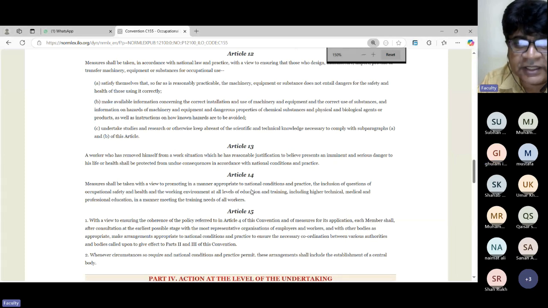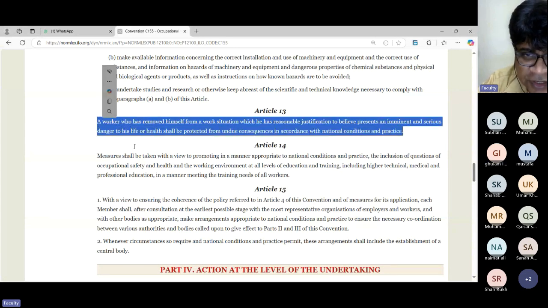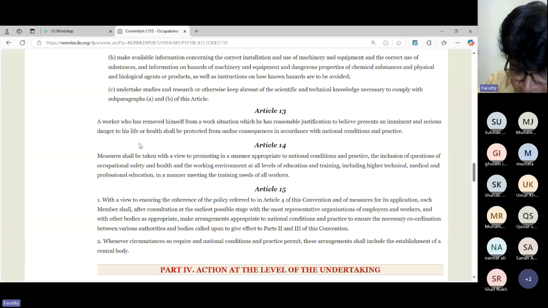So if you see, Article 13 is written for the worker. A worker who has removed himself from a work situation which he has reasonable justification to believe presents an imminent and serious danger to his life or health shall be protected from undue consequences in accordance with the national conditions and practice. It means the country should make the law in such a way that when the worker stops the work with a justification saying that if I continue the work, that will be a threat to my safety, so I will not do that.